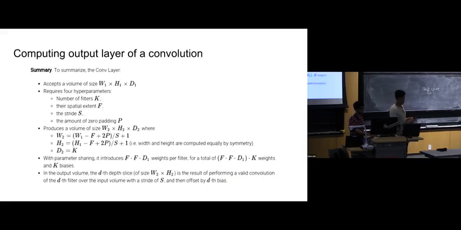And this is a summary of how to actually compute the feature map, or the output layer, from a convolutional operation.